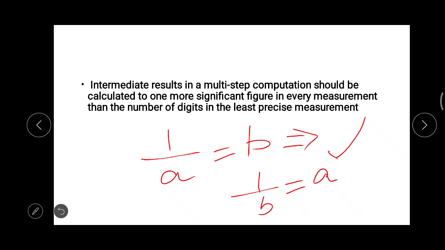Actually this is against the arithmetic rules, isn't it? It's against the basic mathematics. So we have to show justice to the basic mathematics also.